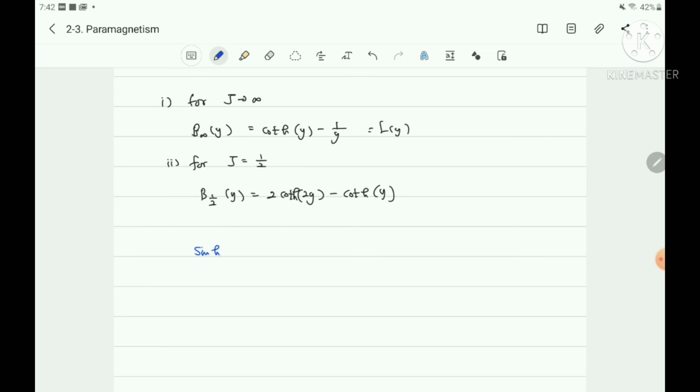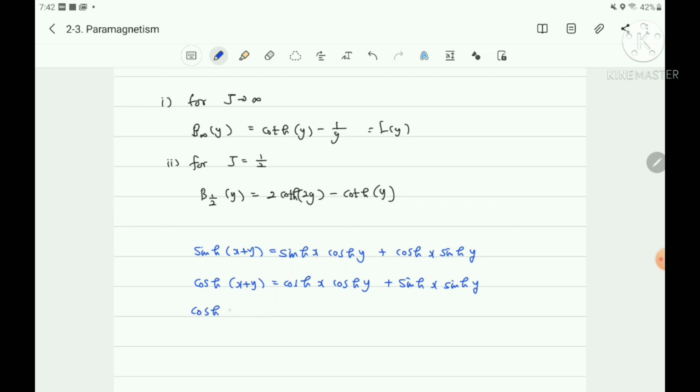Sinh(x+y) is sinh x cosh y plus cosh x sinh y. And cosh(x+y) is cosh x cosh y plus sinh x sinh y. Therefore cosh 2x is cosh squared x plus sinh squared x.